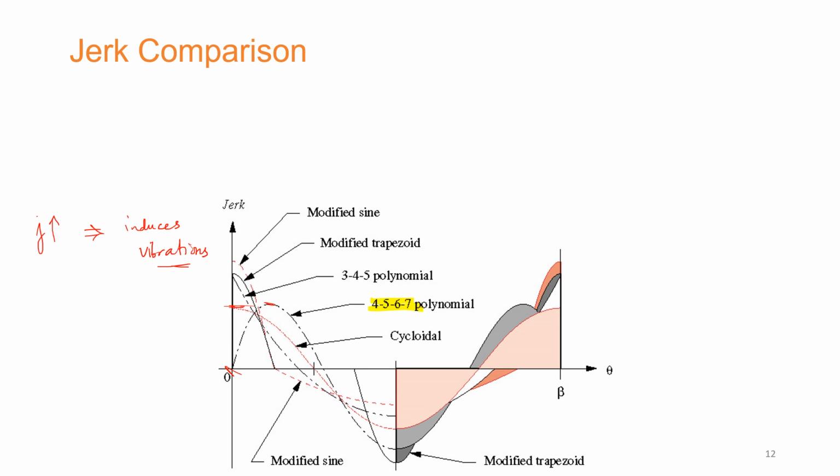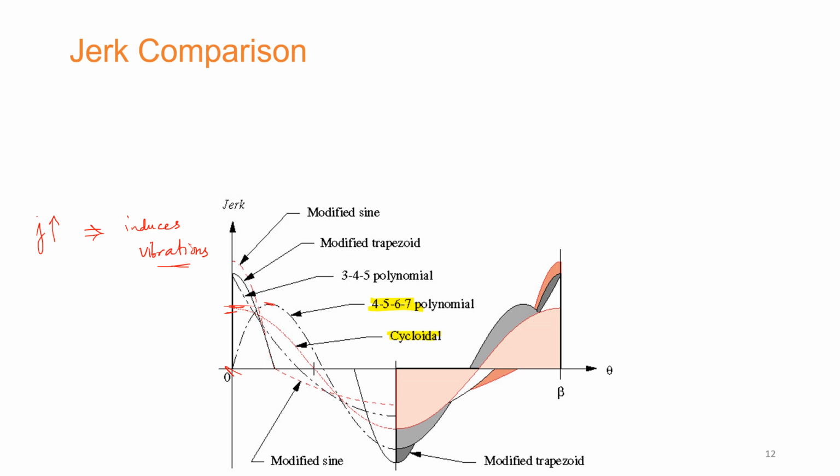But as far as the maximum value is concerned, you can see that the cycloidal profile, in terms of comparison of maximum values, gives you the lowermost values over here. So cycloidal can also be a candidate. The problem with the cycloidal is that it does not start from a zero value. But having said that, cycloidal and 4, 5, 6, 7 polynomials can be suitable candidates.